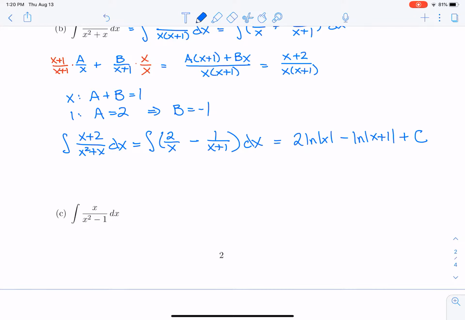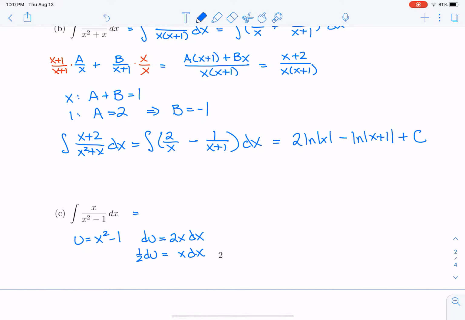I think if I let u be the bottom, x squared minus 1, and du equal 2x dx, then in fact, x dx is going to be 1/2 du. So I can use the u substitution method.